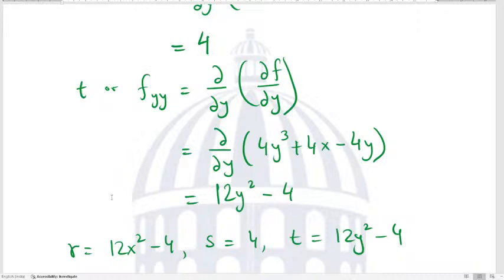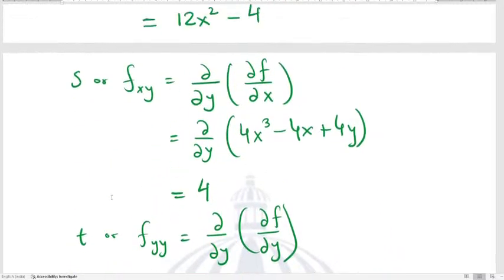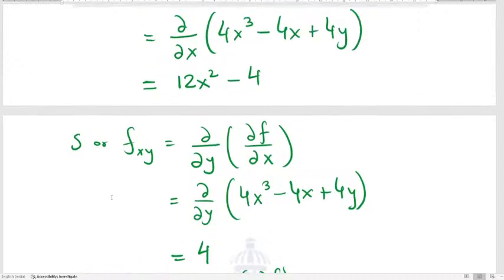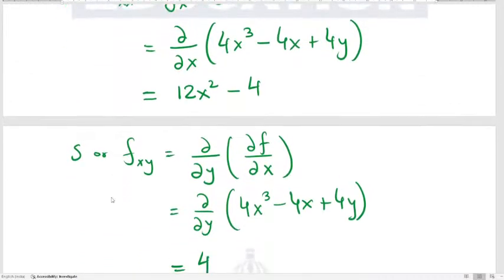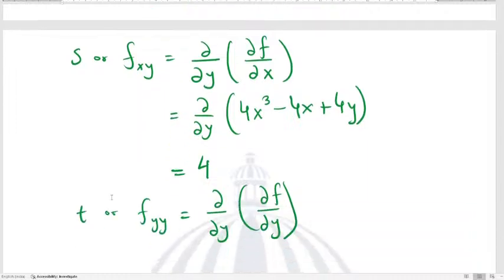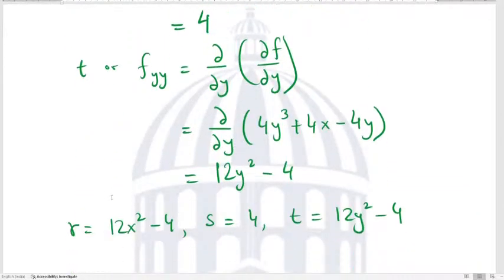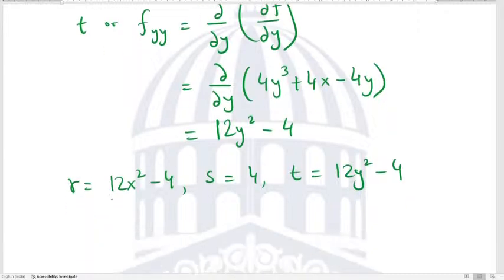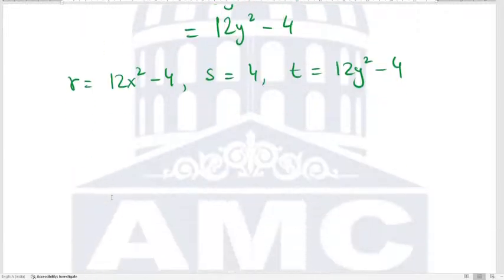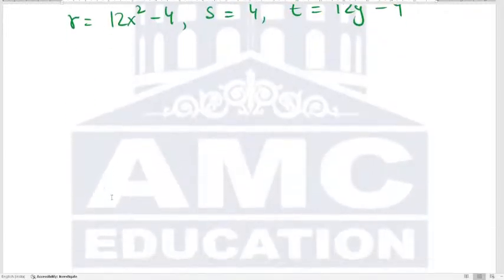But as of now, I hope you have understood how the fxx value is this, how the fxy value has come this way, and how fyy values have come this way. Now we have nearly reached the end of the problem. We now will find out what happens with each of the extreme values.